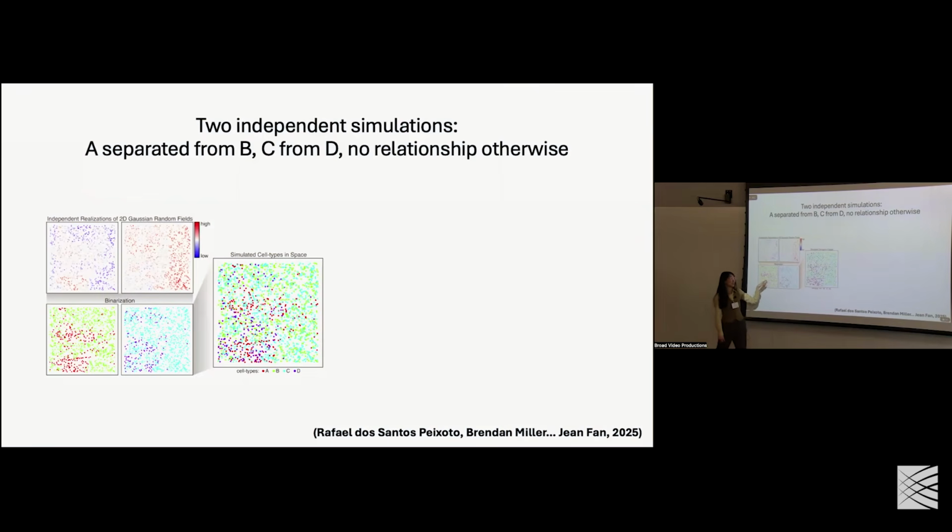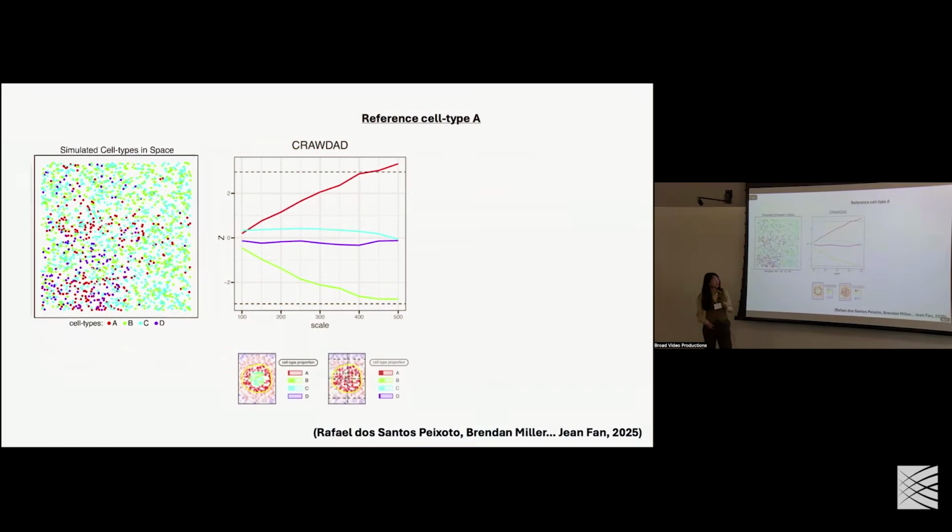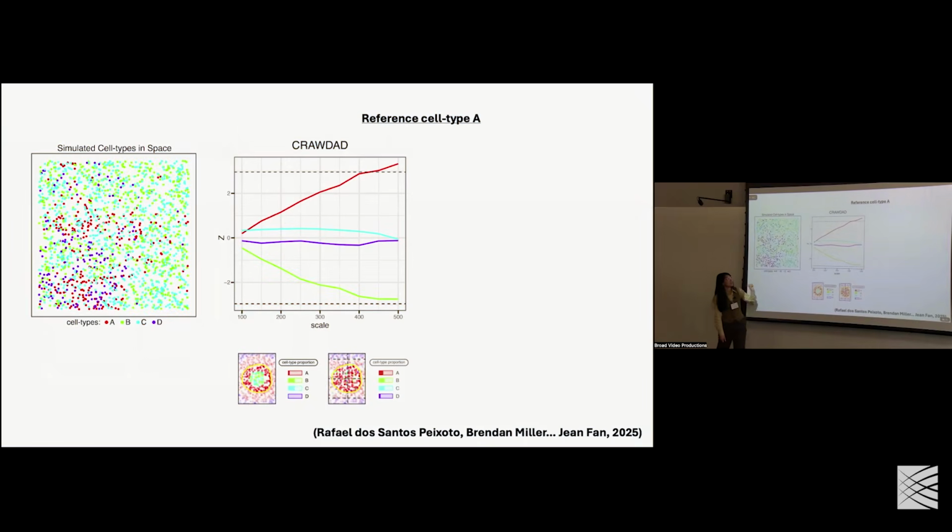But these two are independent of each other, so they shouldn't have any relationships. And when we evaluate with CRAWDAD, that's exactly what we see. If we, for example, take reference cell type A, it is indeed highly co-localized with cell type A's, and it's separated from cell type B's. They're complementary spatial patterns in our simulation, and it's independent from cell type C and D.